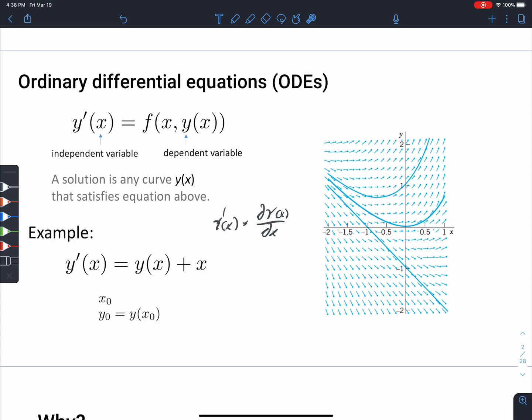Likewise, if we go to, let's say, the point 0, 0, the slope here should be 0. There should not be any slope, and indeed you see that the slope of this line here is 0.